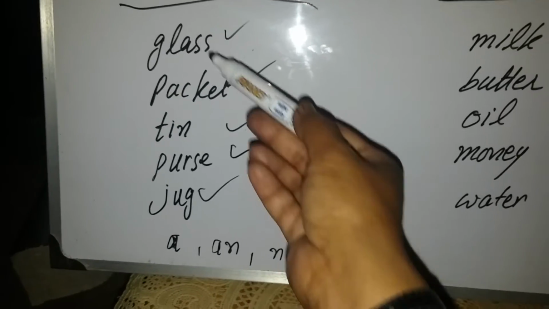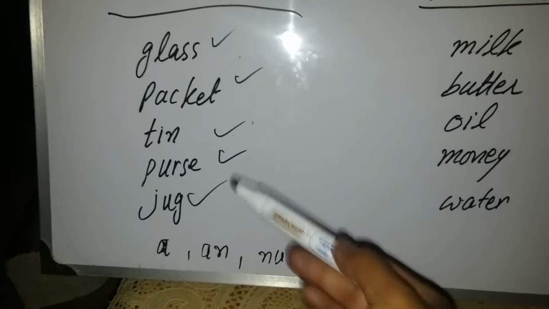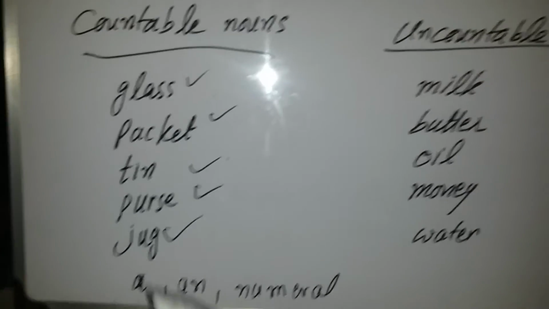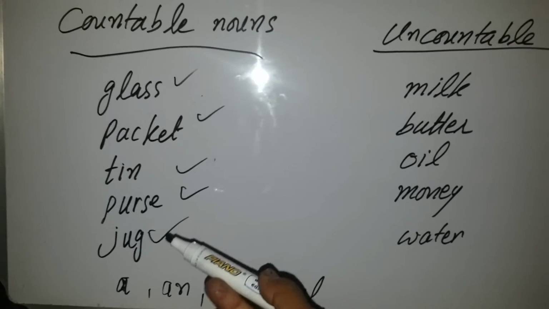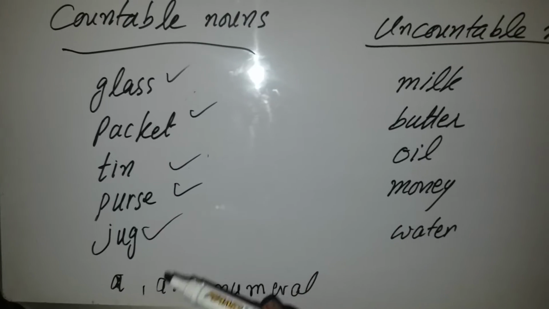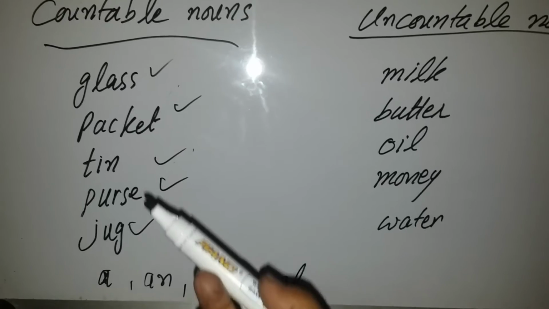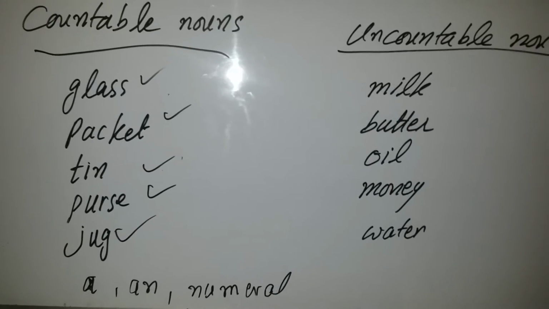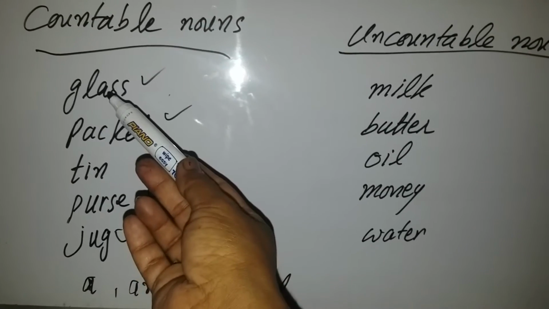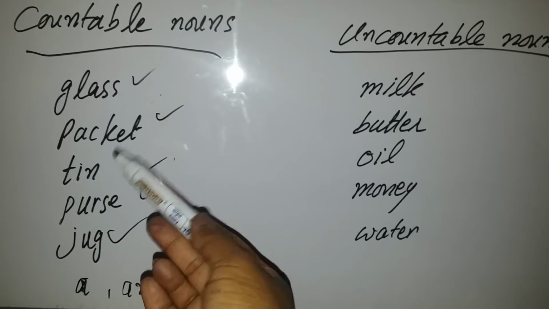Now you have put a or a numeral before them. Numeral means 1, 2, 3, 4, 5, 6. Similarly, an: for example, if there is orange or apple, you can write an with them. An apple or an orange if it is singular. If they are more than one, then you can use a numeral. For example, a glass or 2 glasses, a packet or 2 packets, etc.